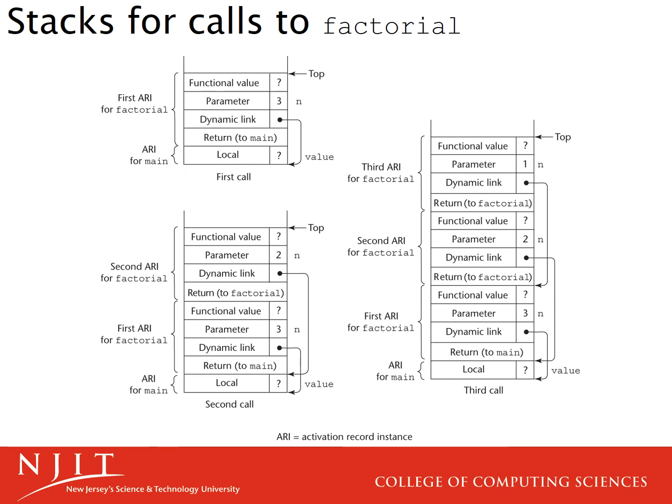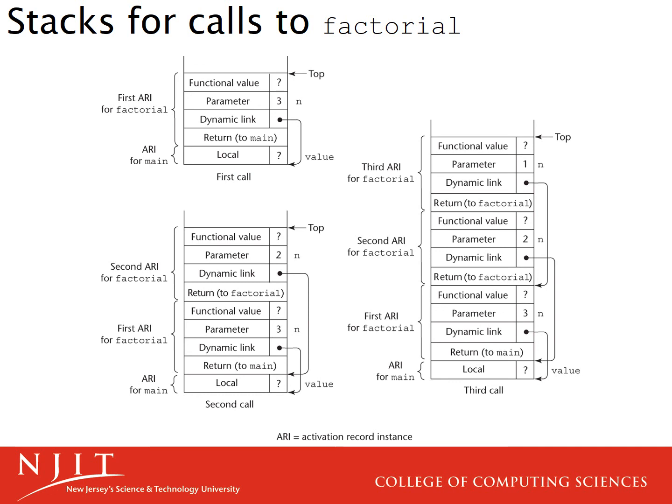So first call, in the upper left-hand corner there, main calls 3 factorial. 3 factorial calls 2 factorial, so you can see there's another activation record for the second call to factorial. There, its parameter is 2. The dynamic link in the second ARI for factorial points down to the first ARI for factorial.